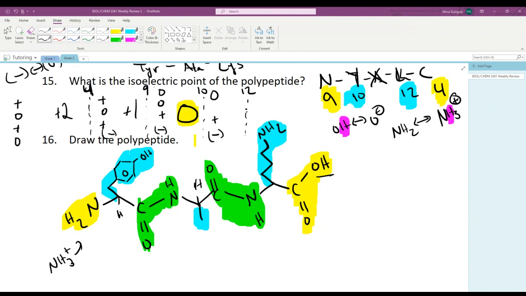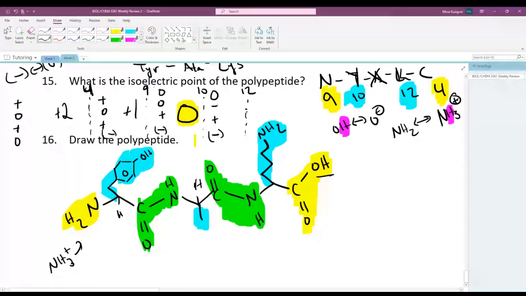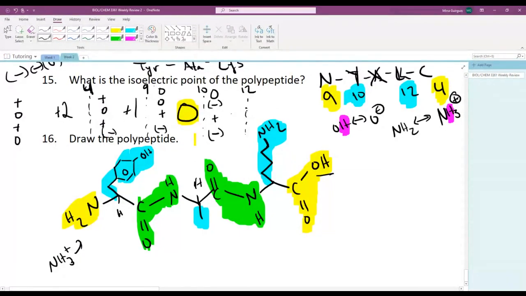Negative. Perfect. All right, that's exactly right. Negative, meaning that our overall polypeptide charge is -1 by adding them together.